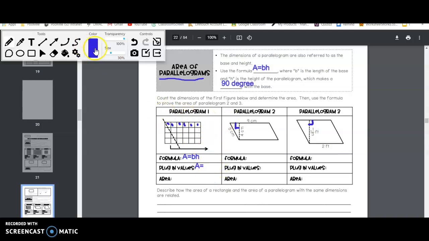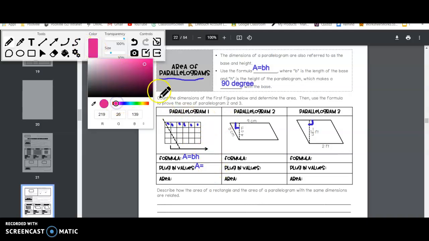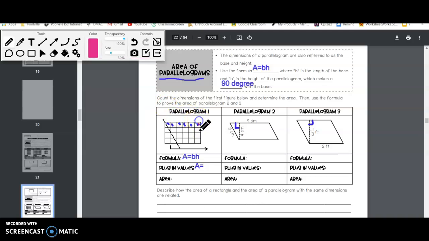The base is 6, and the height is 1, 2, 3, 4. Okay, so now let's plug it in. We have a base of 6 times the height, which is 4. So our area will be 6 times 4 is 6, 12, 18, 24 is 24 units squared. 2 up there.